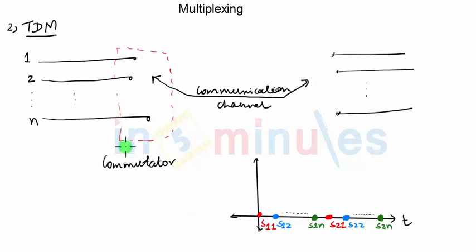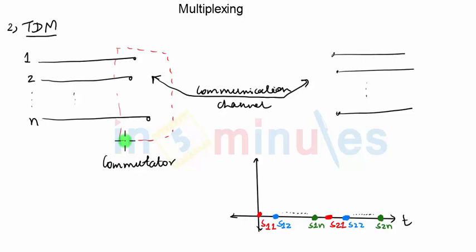Likewise, the switch will keep on moving across all the input channels, and it will keep on reading samples from all the signals. So now how are we achieving multiplexing in this case? Point number 1, we are transmitting samples from each and every signal.